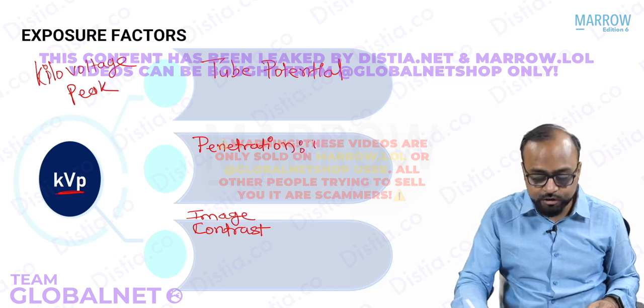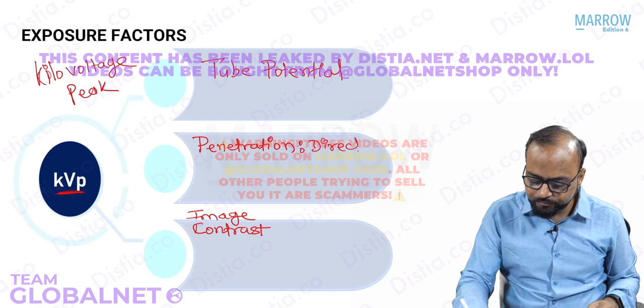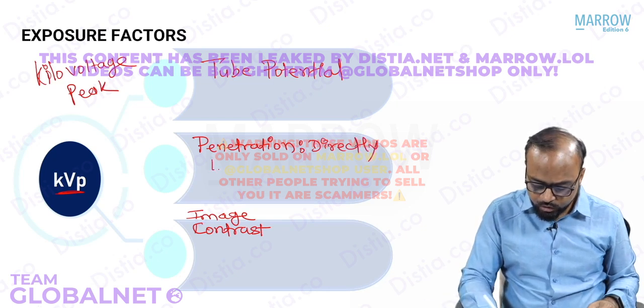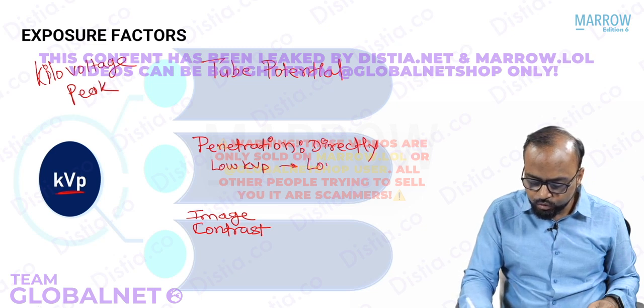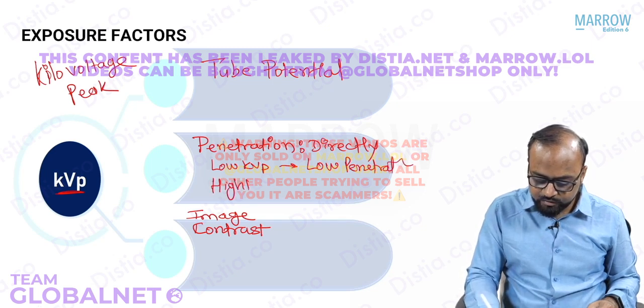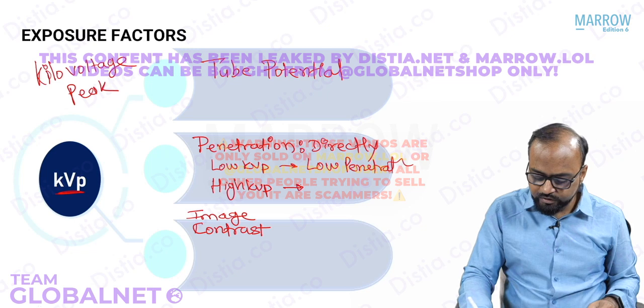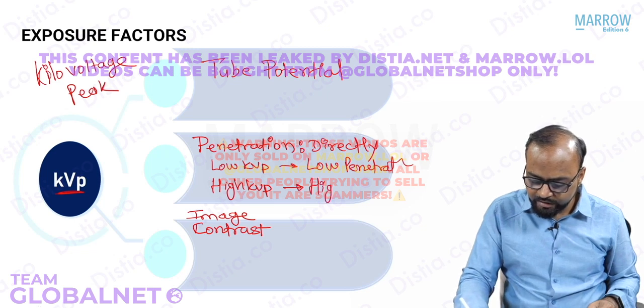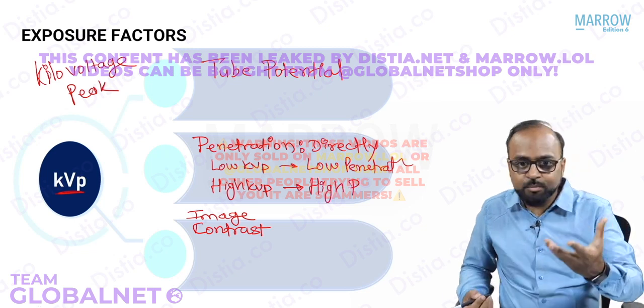It affects penetration directly. So a low KVP will lead to low penetration because it is directly proportional, isn't it? But a high KVP will give rise to high penetration.